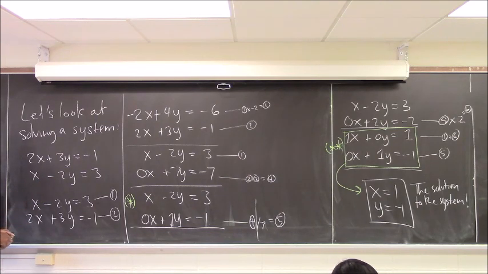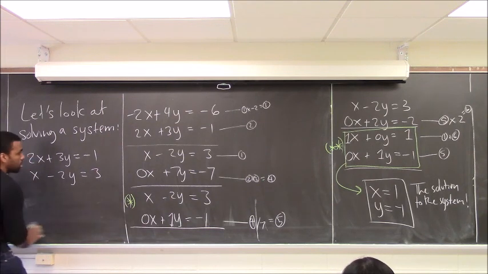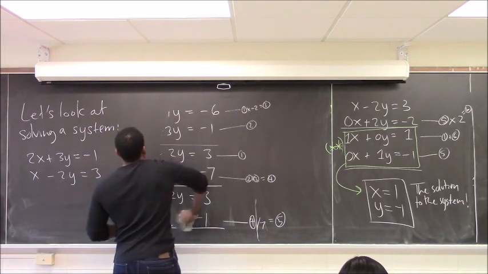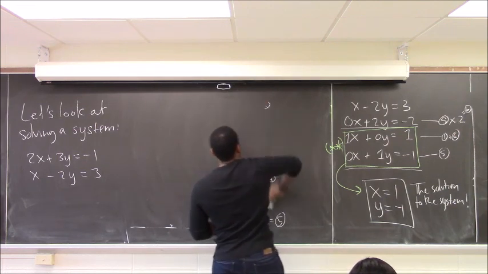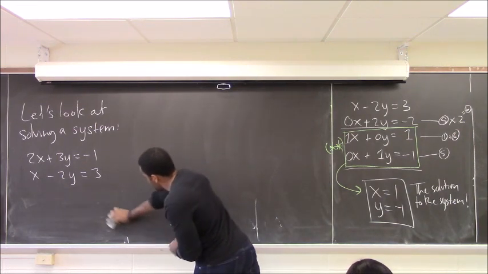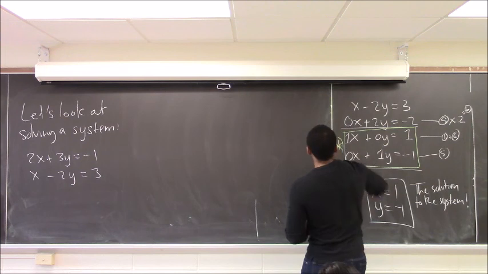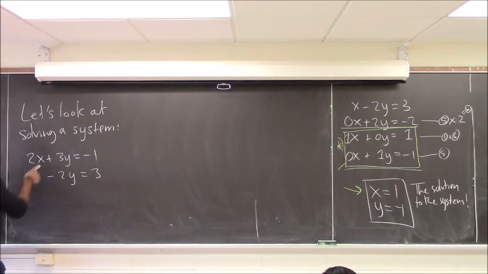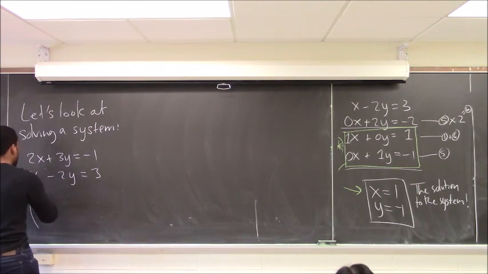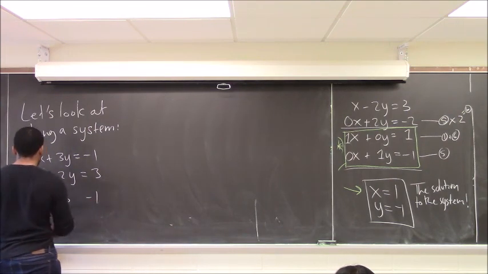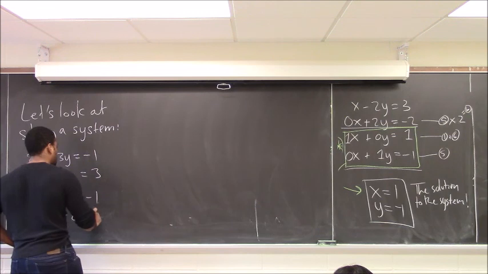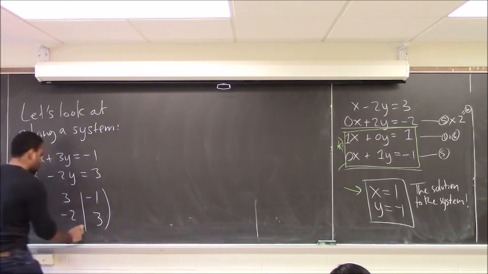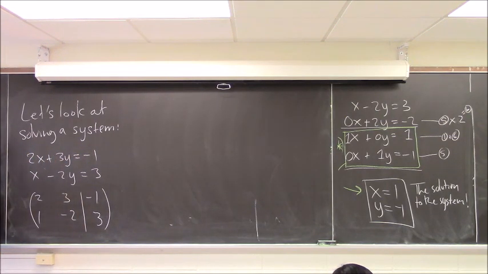So suppose I started out with this, but instead, I augmented the system first. So I look at this, and instead I write down 2, 3, minus 1, 1, minus 2, 3. That's how I started.